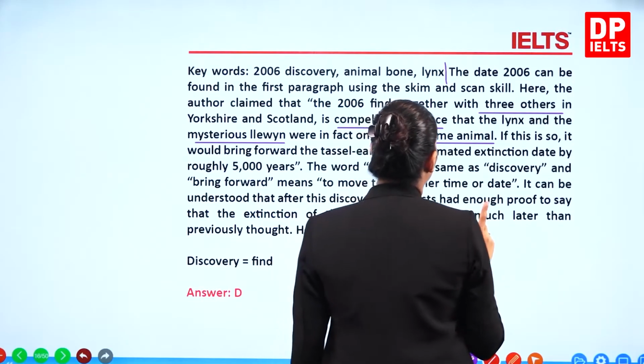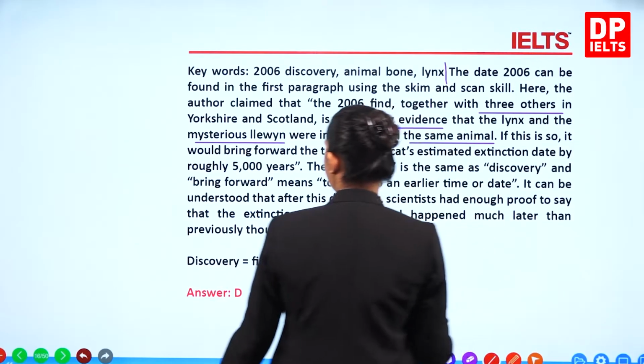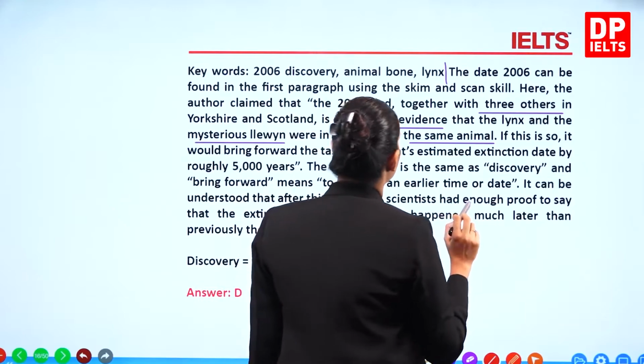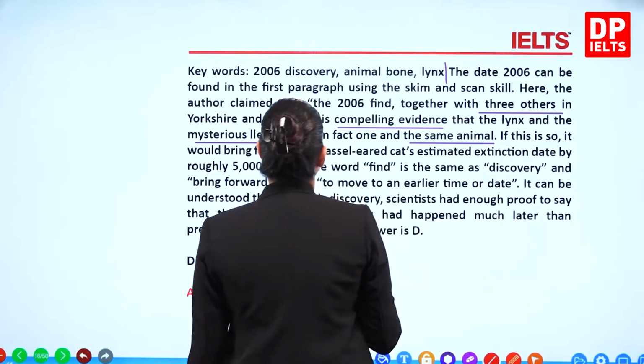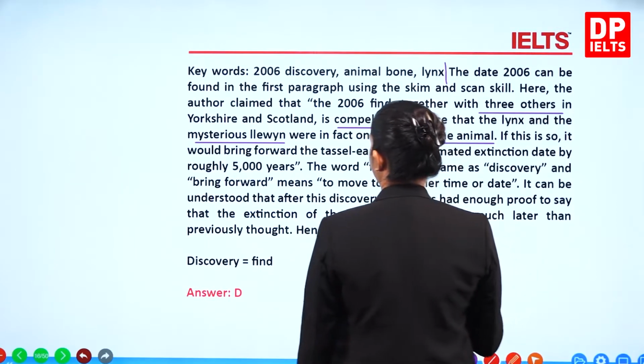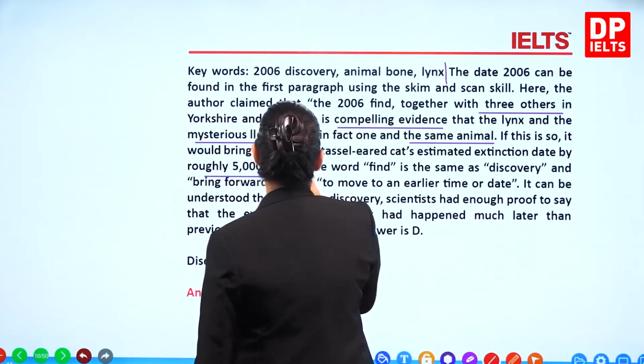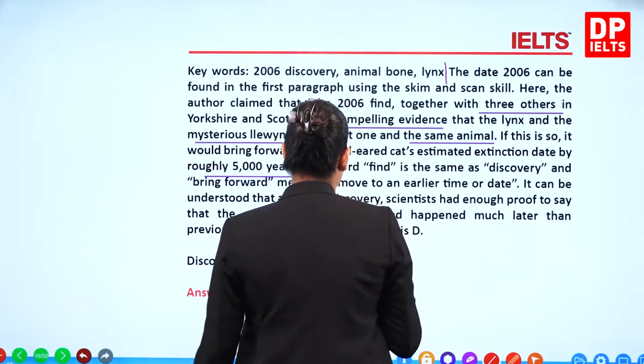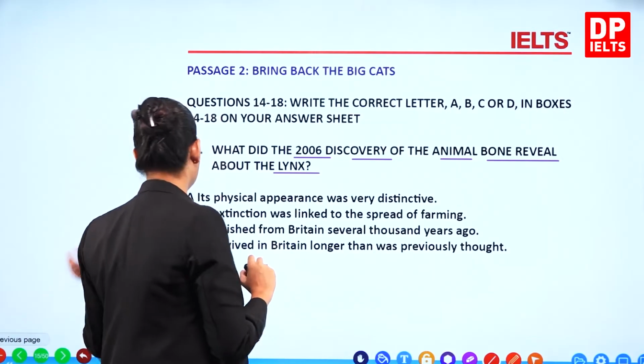If this is so, it would bring forward the tassel-eared cat's estimated extinction date by roughly 5,000 years. Right, so I go back and read my answers now.